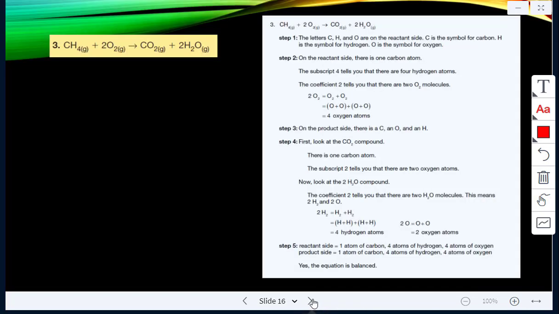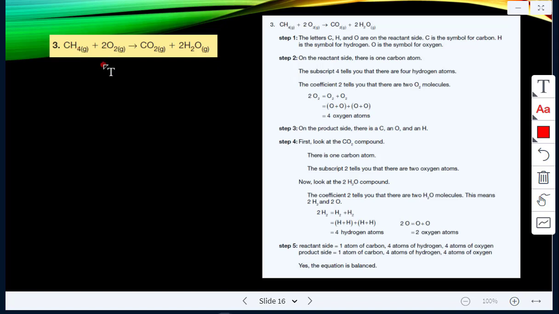All right, I think this is our last, yes, this is our last example. So we have CH4, methane gas, plus oxygen producing carbon dioxide and water. So on our reactant side, we have C for carbon, H for hydrogen, and O for oxygen.